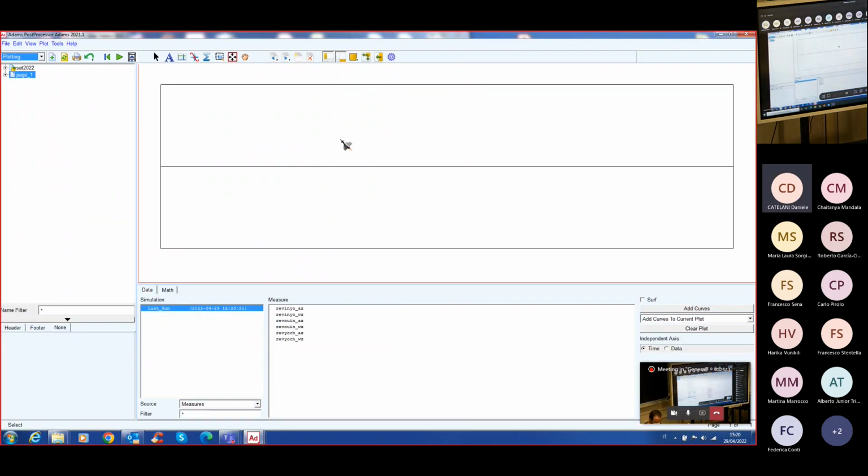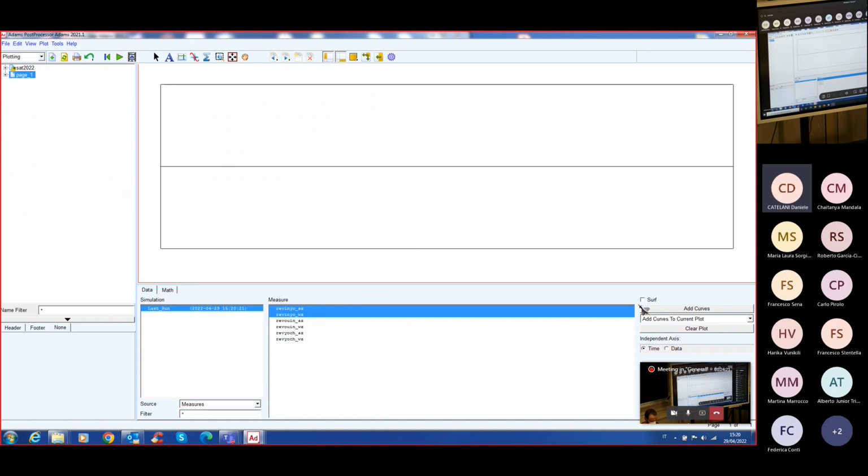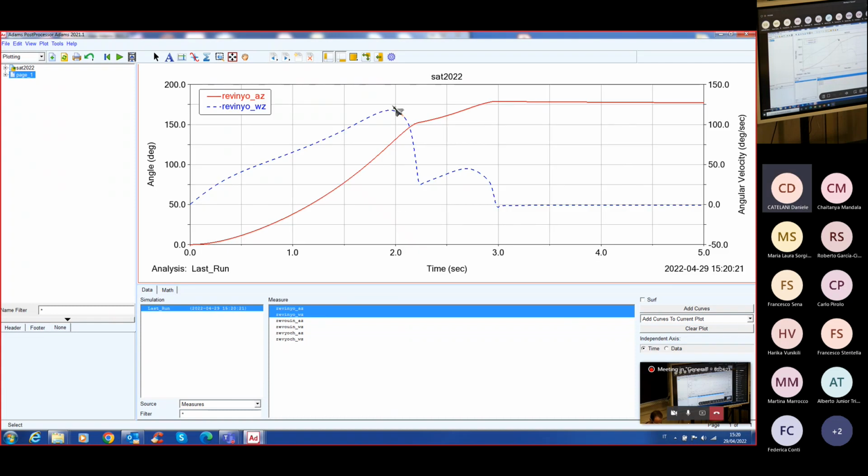Okay. Now I can visualize results when I have a flexible body, with the same result with some differences I had with the rigid body model. But the interesting thing when you have a flexible body is the following.